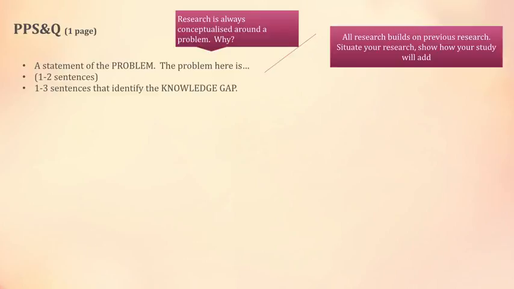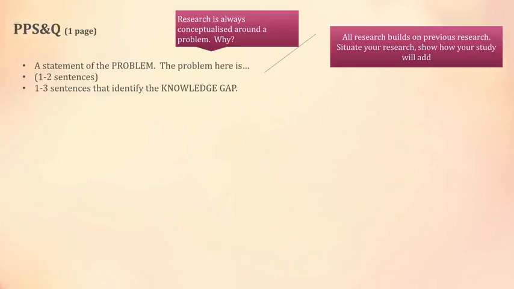So you need one to three sentences that identify the knowledge gap. And the way you would normally write it would be to say something like, well, much research is being conducted on X, Y, and Z. Little is known about this, and that's your particular topic. And the knowledge gap is constructed. And what I mean by that is that you might be working in a research area where there is a lot of research that's being conducted on that topic.